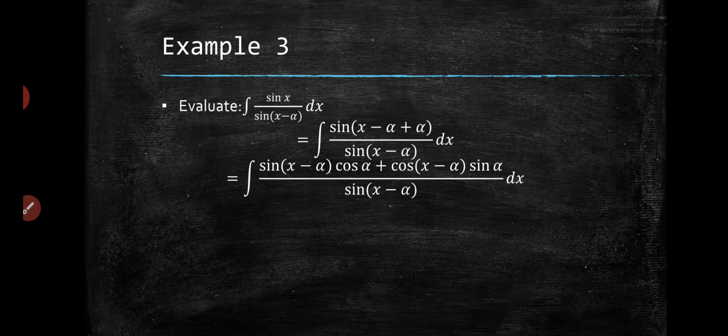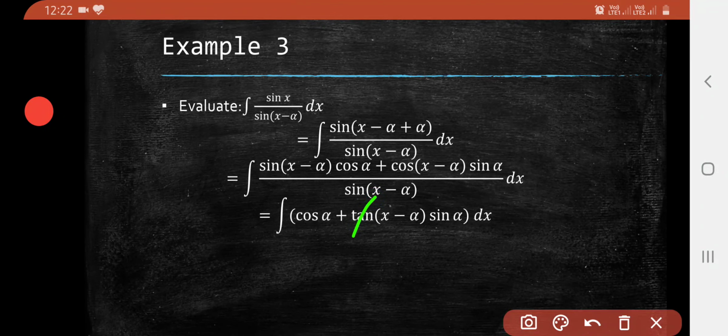Oh shoot, I have made a small mistake here. It should be cot here. It should not be tan, it should be cot. Please correct the mistake. I just mistyped it.